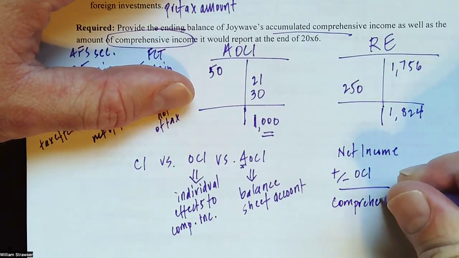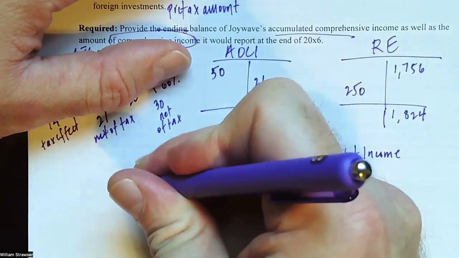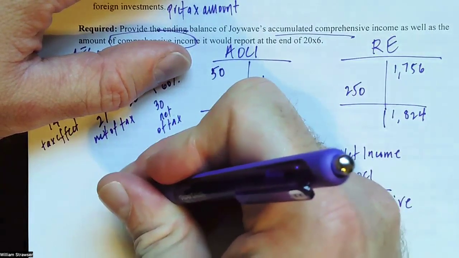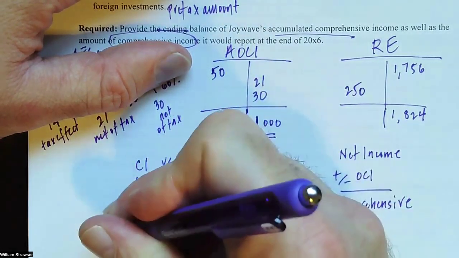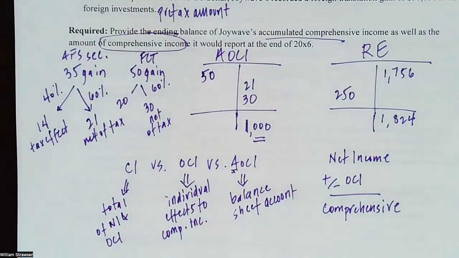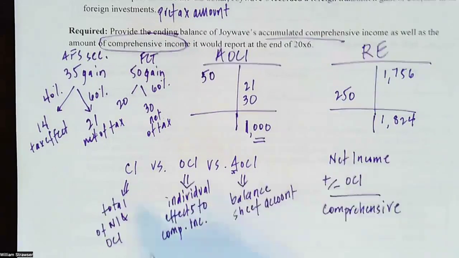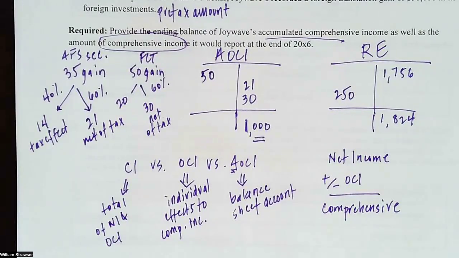So comprehensive income isn't an effect, it is the total of net income and OCI. So make sure that you study this to the point that you understand the difference between these three. It's easy to get them twisted and flipped around because obviously we're just adding a letter, right? CI to OCI to AOCI, and it indicates different items.